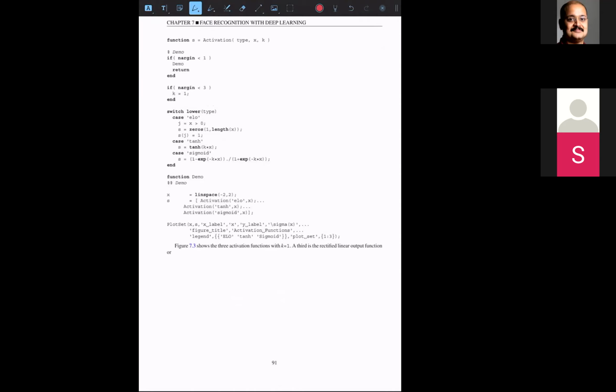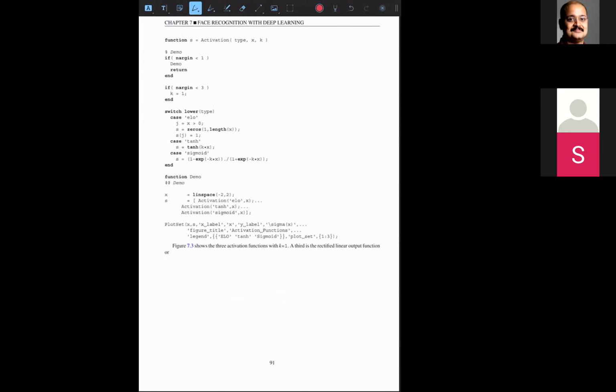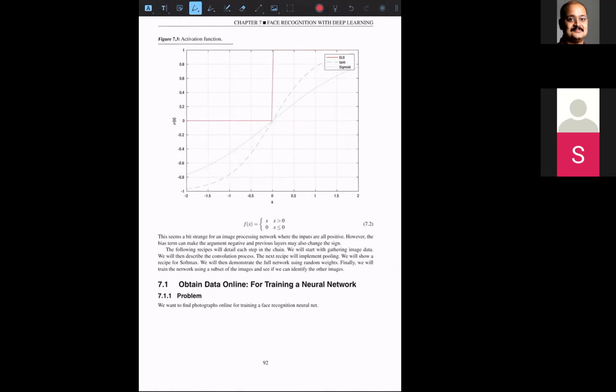I cannot do these exercises and use Zoom at the same time, but if you have the code, please run this demo. And then you will get these nice plots. You will see there is a sigmoid activation function, a ReLU activation function, and a tanh activation function.